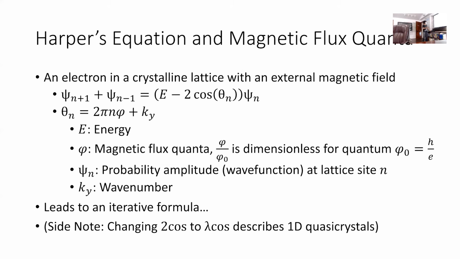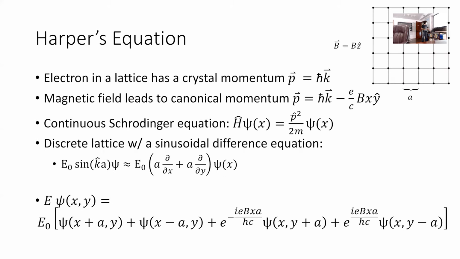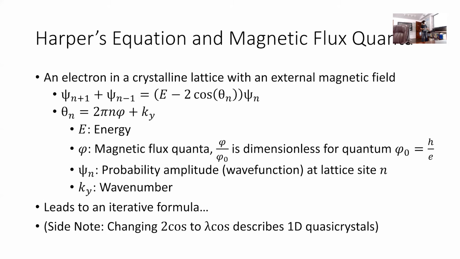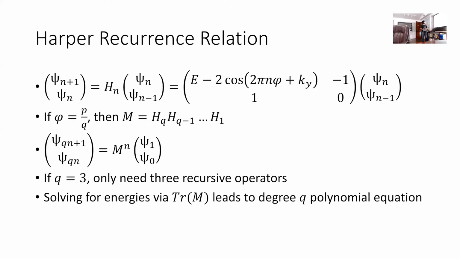So the factor in the complex exponential turns into this, and then this theta is related to phi, which is the magnetic flux quantum that is being plotted on the butterfly. So we get this iterative formula here. And so we can have this recurrence relation in terms of this matrix that brings us to the next step.